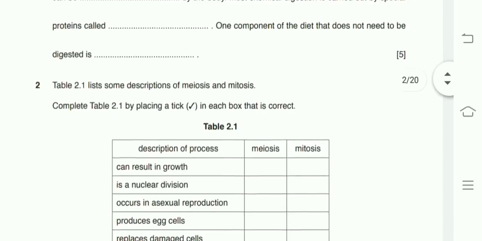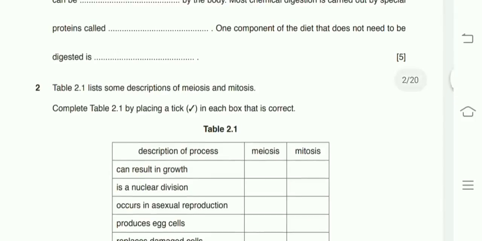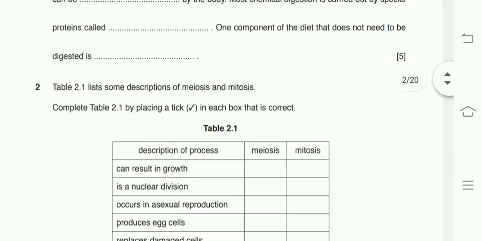Okay, good job. Then number 2, table 2 lists some descriptions of meiosis and mitosis. Complete table 2.1 by placing a tick in each box that is correct. Can the result include meiosis or mitosis? Nuclear division will be both, right?